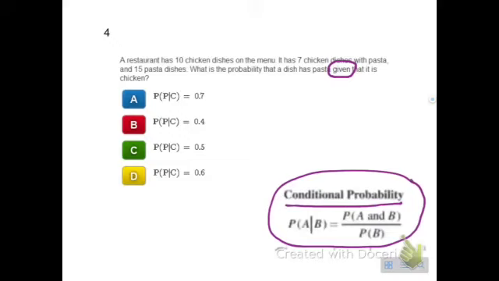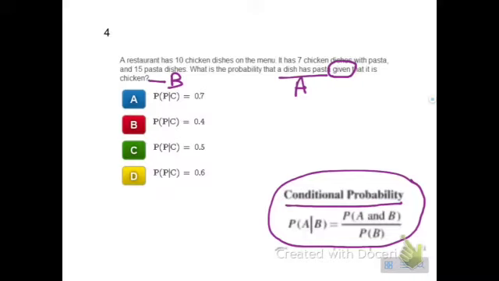Alright, so it says, what is the probability of A and B? Well, let's let A be that it's the dish with pasta, and B be that it has chicken. Alright, so if I want to work this one out, what is the probability? How many dishes have chicken and pasta?